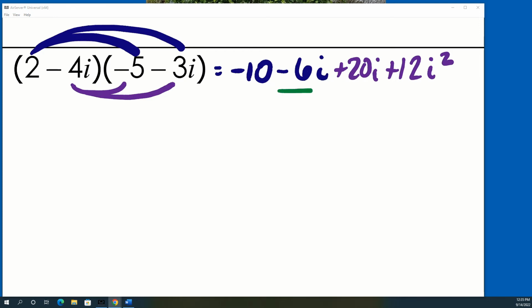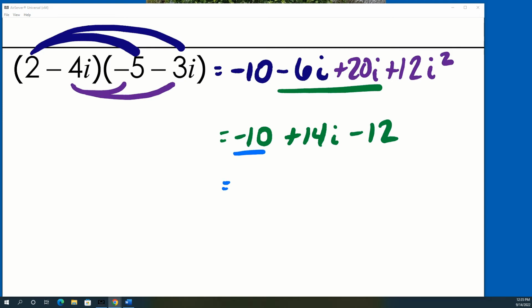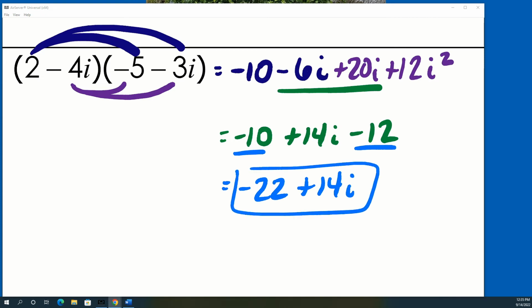Okay, then we're going to combine those i's. So negative 6i plus 20i should be 14i. And then 12i squared should just be minus 12. And then finally, we'll do negative 10 minus 12 is negative 22. And then we just bring our plus 14i down.